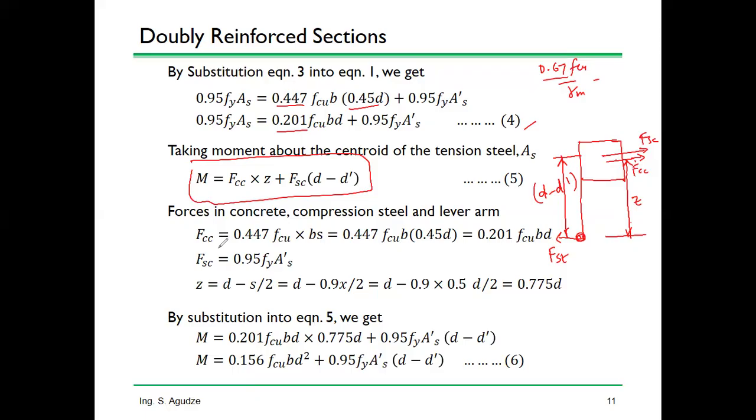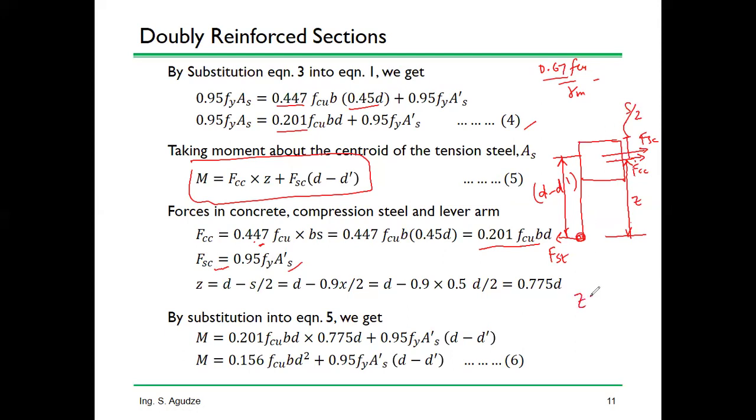Now, the force in concrete has been re-expressed here. Instead of 0.45, we are using this one for more accuracy. And that will give us 0.201 FCU B D. And then the force in steel in compression is also here. And as you know, the Z from here to here is S over 2.